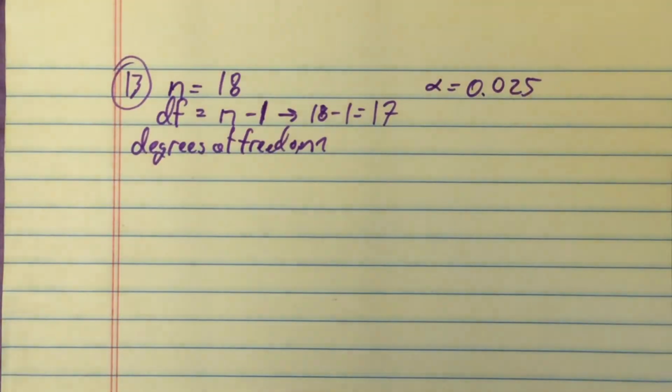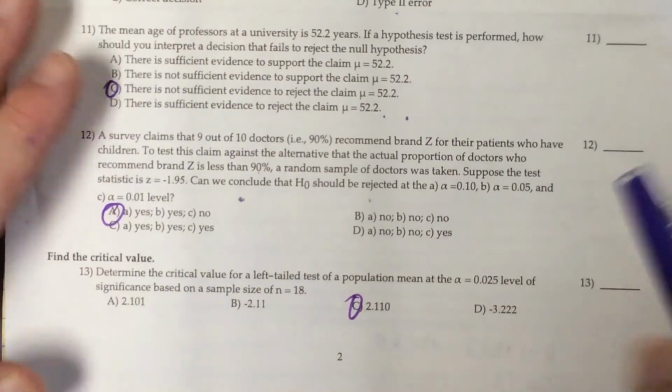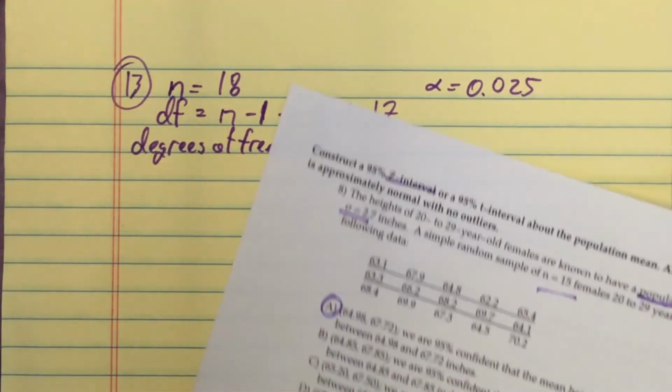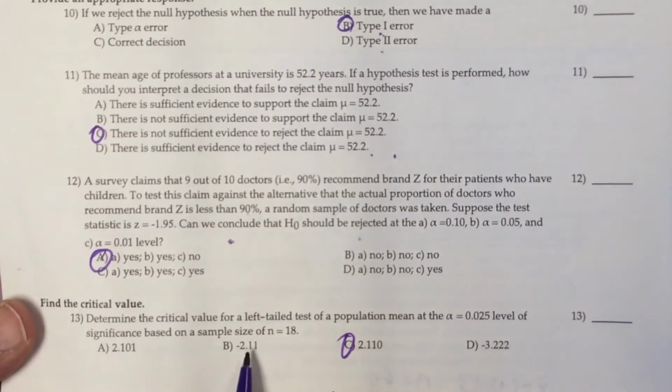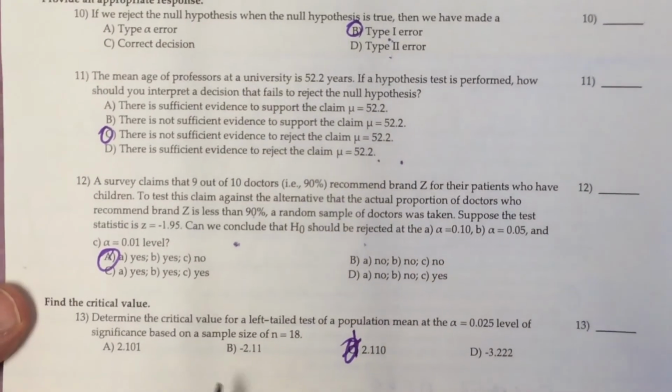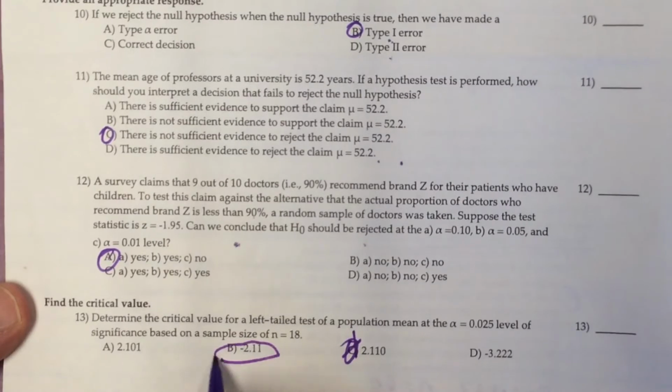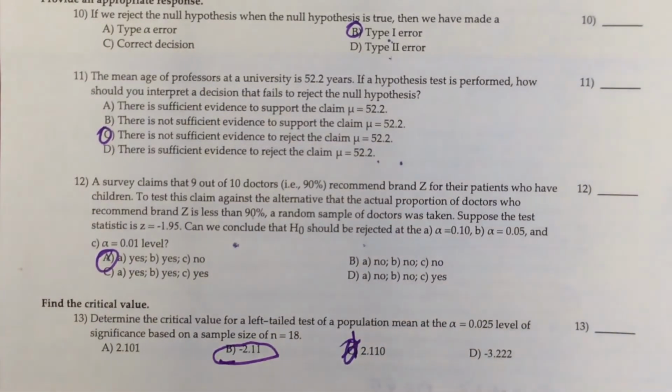And in this case, that's going to be choice C on your test sheet, or in the answer sheet there. So confirming that that's correct for number 13. Or excuse me, not 2.11, but negative 2.11. And the reason it's going to be negative 2.11 is because that's a left-tailed test.